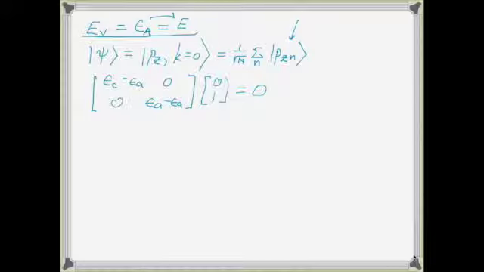And so this is my C2 equals 1 and C1 equals 0. Going back and forth between looking at the column vector and the actual state, which is the sum of localized orbitals.